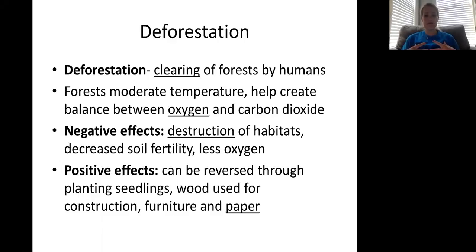So our negative effects of this are destruction of habitats. Yes, humans may be cutting down the forest so they have new area to live, but we are destroying the habitat of all wildlife. When you go out to the suburbs of where I live, they're making all these new housing communities and people are like, oh, it's great for the economy.